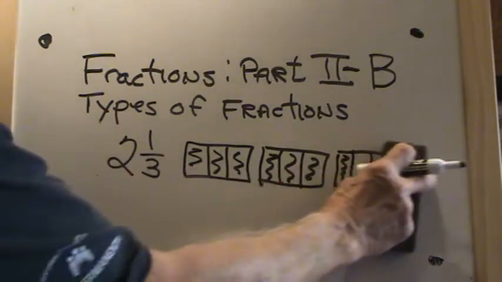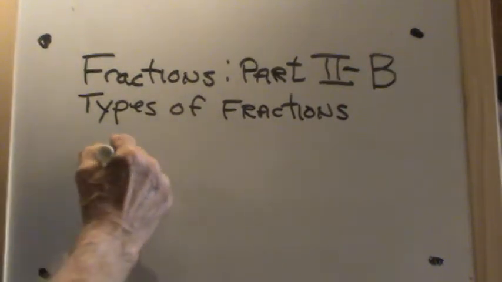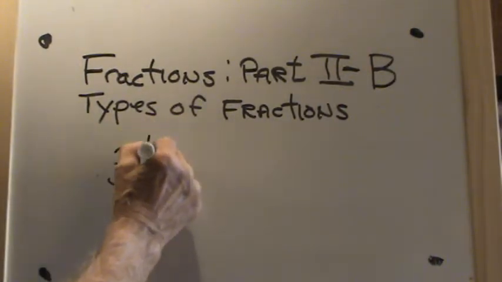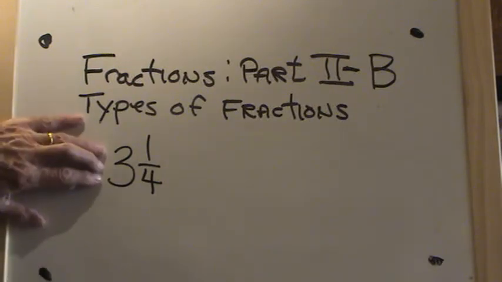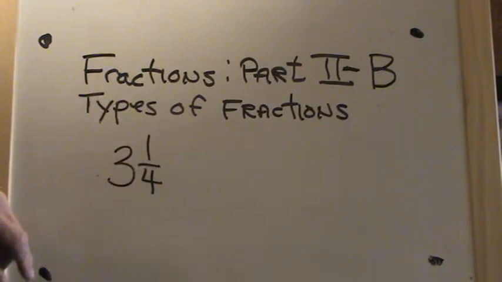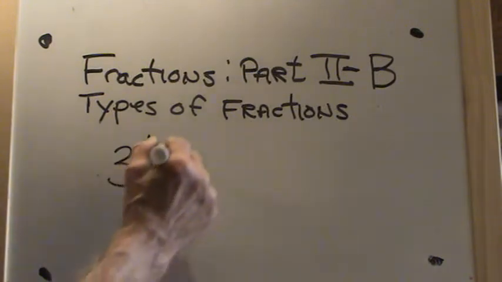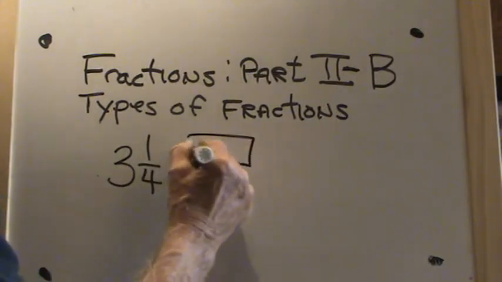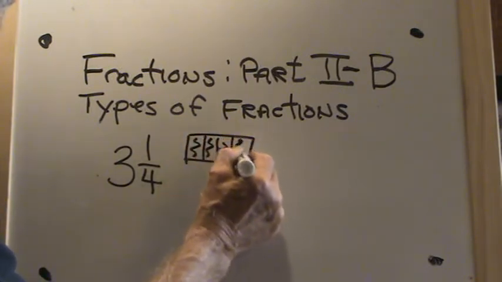Let's try another one. Let's try 3 and 1/4. Now how would we draw that? Well, it's a mixed number. It has a whole number, 3. So that means there are 3 wholes and then 1/4. Well, in 1 whole, I know there are 4 pieces because that's what the denominator tells me. So that's 1 whole.